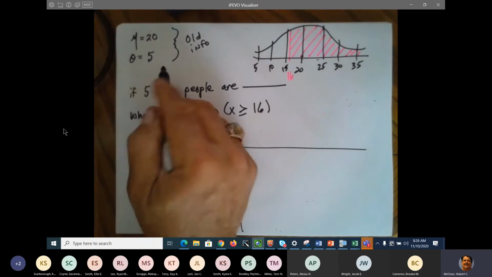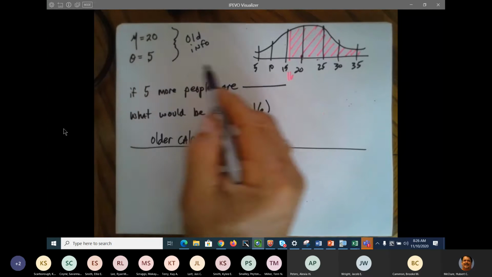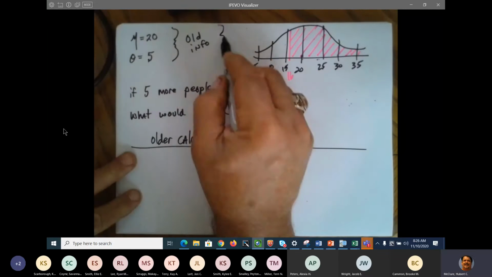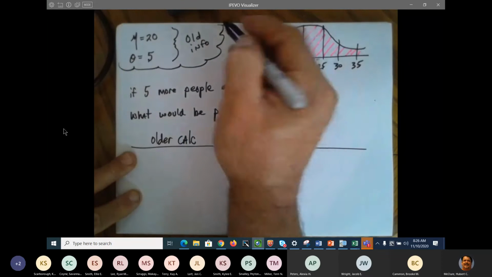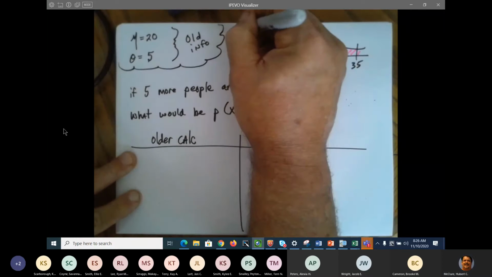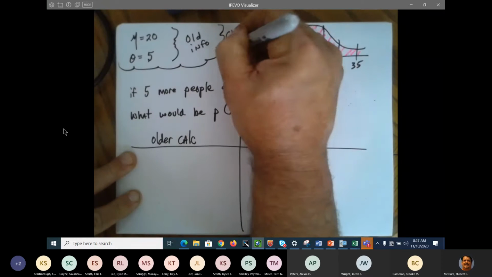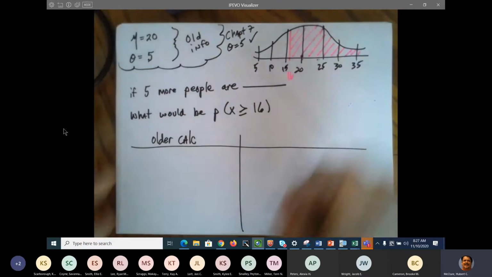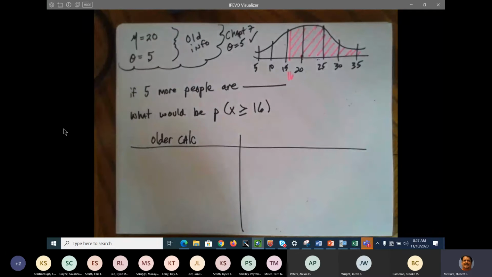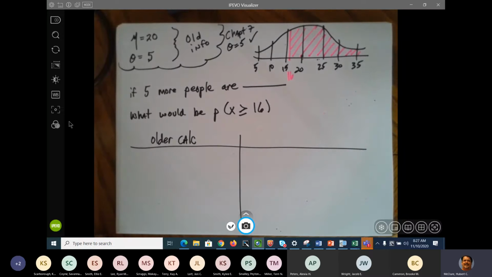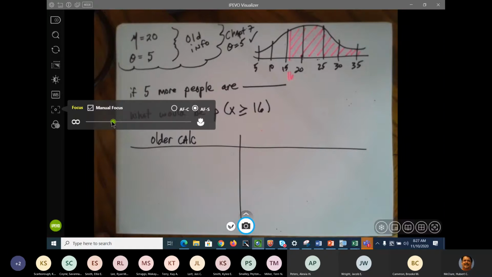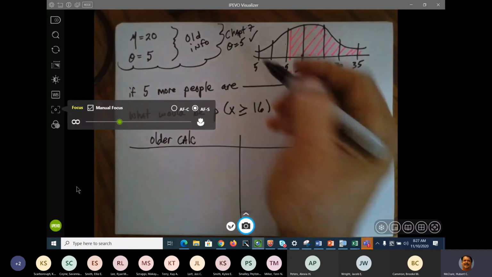Now, in Chapter 7, 5 would be okay. If you had a Chapter 7 question, 5 would be okay. But since this is not Chapter 7, they gave you 5 more people to deal with. You've got to change and get a new standard deviation.